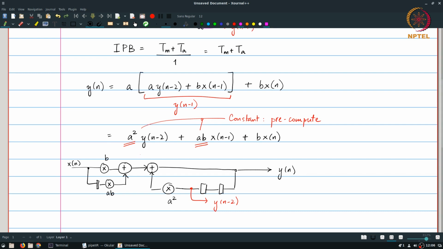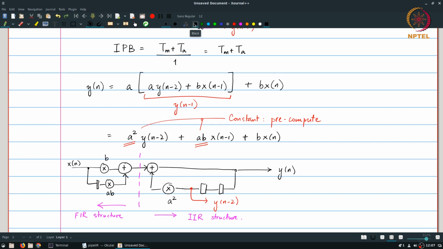We can see from here that effectively what I have on the left hand side is an FIR type structure, and on the right hand side is an IIR, or a recursive or an infinite impulse response type structure. As far as the iteration period bound is concerned, it's the right side that I'm worried about, because as we know, for feed forward or FIR type structures, I can always apply any amount of parallelism in principle and reduce the iteration period bound arbitrarily close to 0.